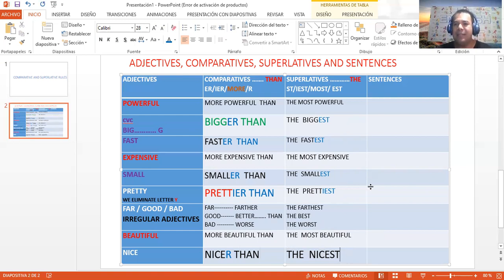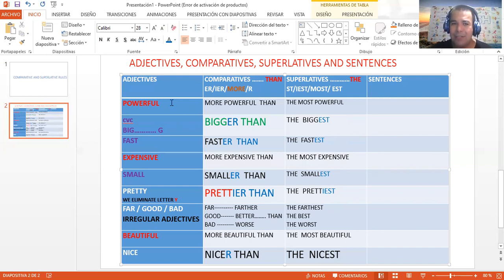So guys, basically this is the way that we change these adjectives into the comparative and the superlative form. So remember, whenever you use adjectives, apply these rules. Long adjectives, two or more syllables, we use more and most.